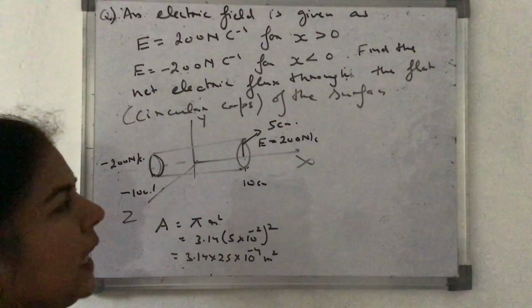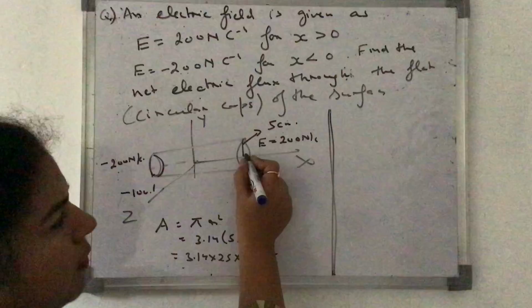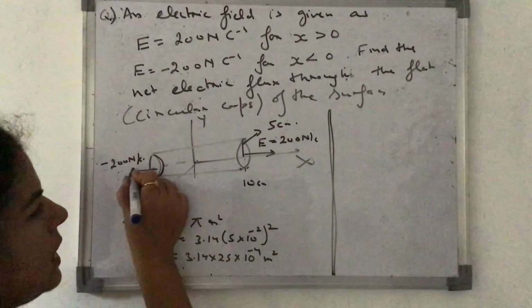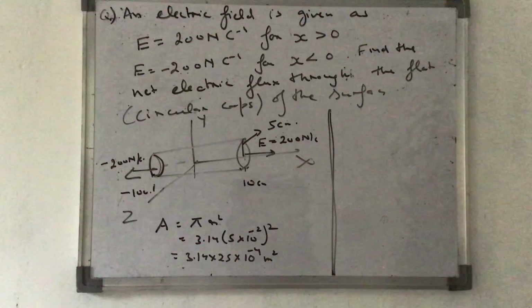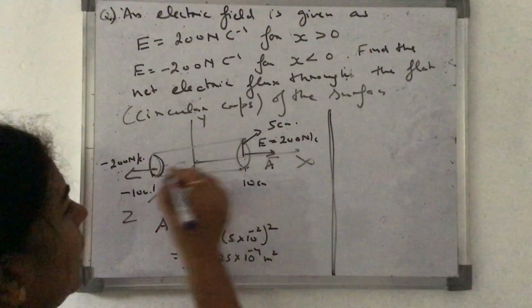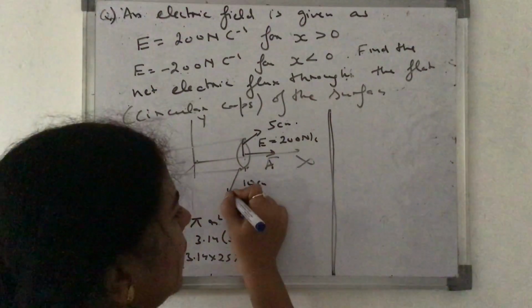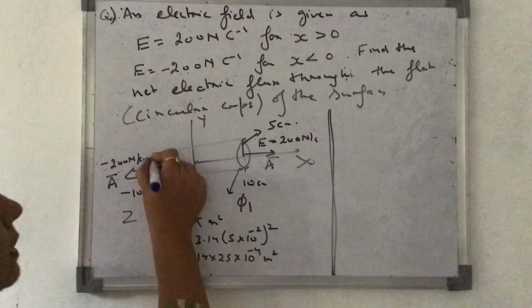Now I'll talk about the electric flux coming out through each surface. As we can see, the direction of the electric field is positive in this, negative in this. Here this is the direction of area, and here this is the direction of area. For this I call the flux phi 1, and for this the flux will be phi 2.